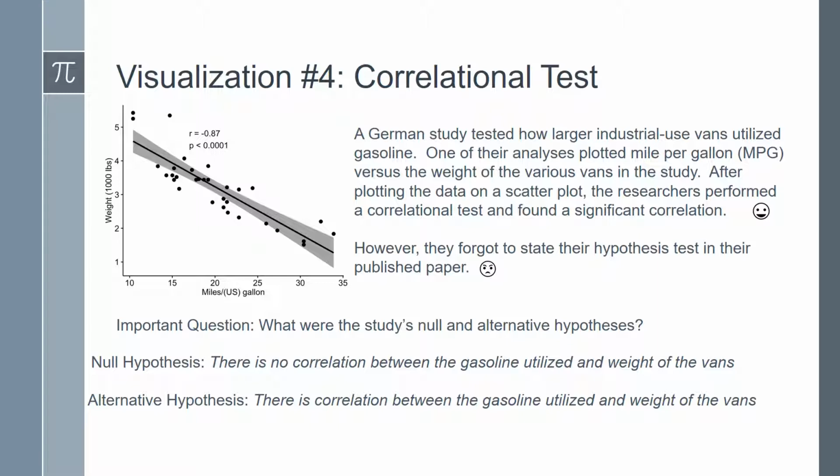To test this, we can set up the null hypothesis saying that there is no correlation between the gasoline utilized and the weight of the vans. Likewise, the alternative hypothesis will be there is a correlation between the gasoline utilized and the weight of the vans. After conducting the test and getting the R value, we can say whether there is a correlation or not.